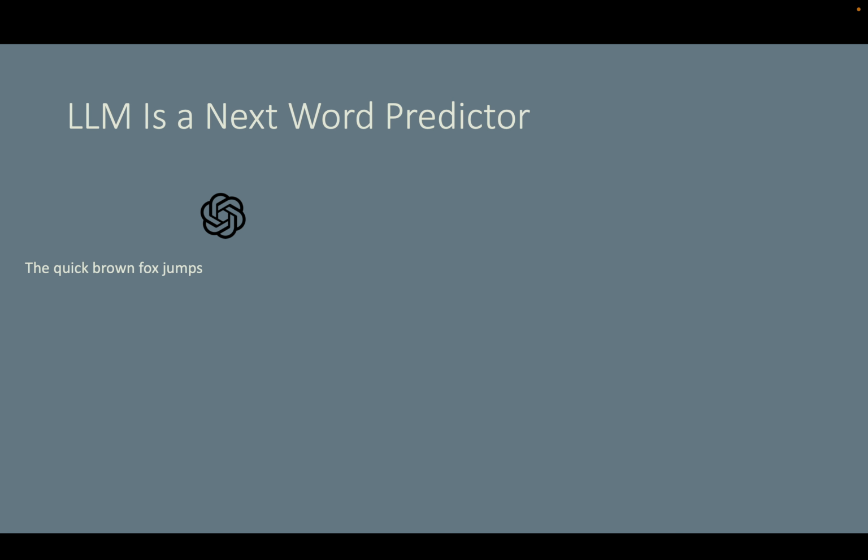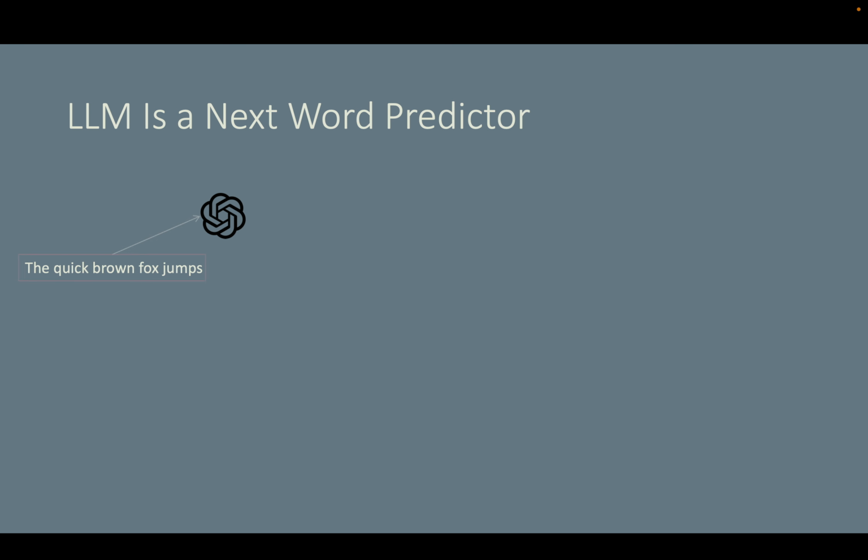It doesn't understand, reason, or think in the human sense. It keeps predicting the next word. So here is a simple example. Given an input like this, the quick brown fox jumps, and we call this a prompt, to ChatGPT, and ChatGPT will predict the next word based on this prompt.